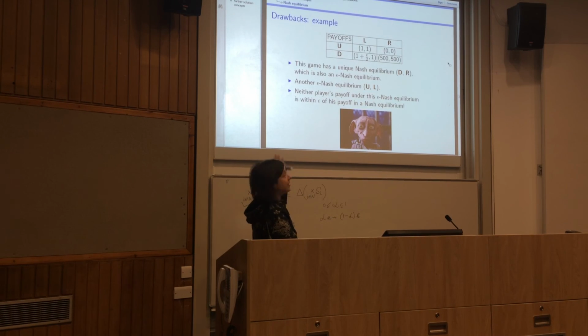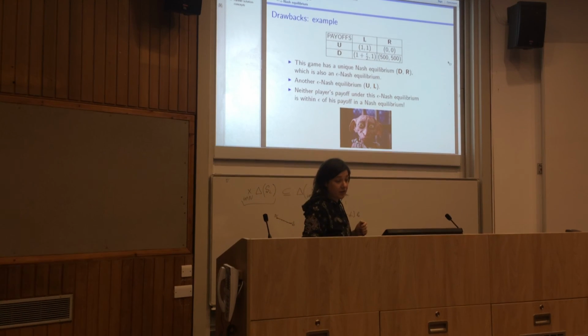So UL is an epsilon Nash equilibrium, but look how far the utilities of the players in that epsilon Nash are from the unique Nash equilibrium in the game. Okay, so that's not really an approximation of Nash equilibrium.